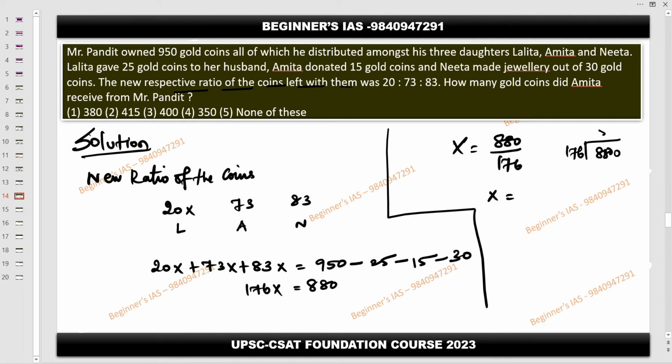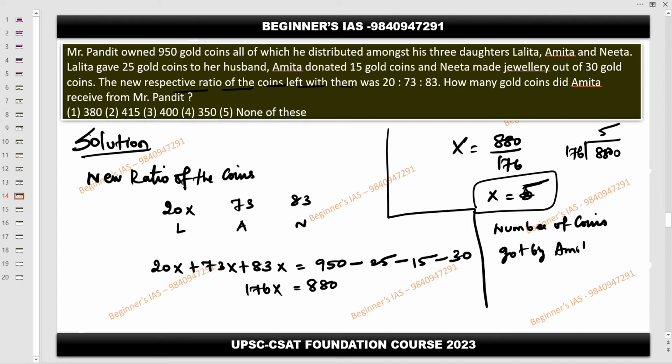So x is equal to 5. If you know the value of x as 5, then easily you can calculate the number of coins got by Amita. So actually it is 73x plus she donated that also, 15.